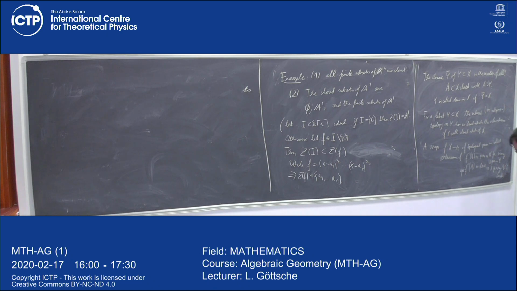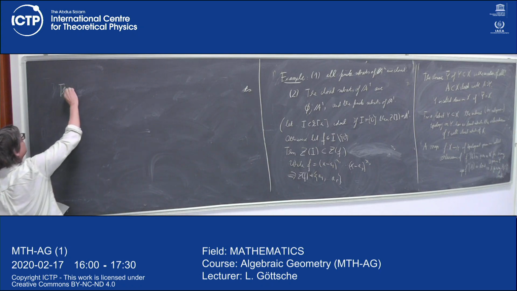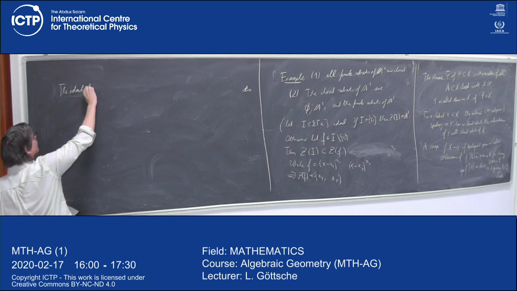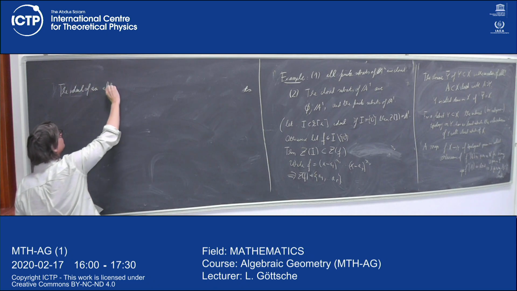There's one which is canonically associated to this affine algebraic set, which is the ideal of all functions which vanish on the set. As it's so closely associated to the affine algebraic set, one expects that the properties of the affine algebraic set are reflected in the properties of the ideal. And so we will want to see that. So we'll talk about the ideal of an affine algebraic set.